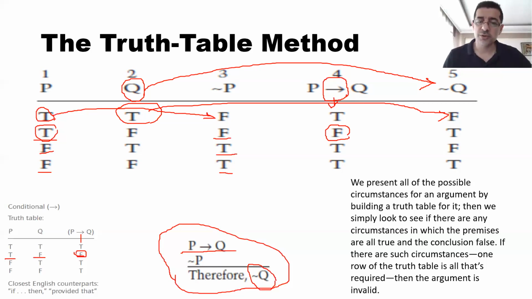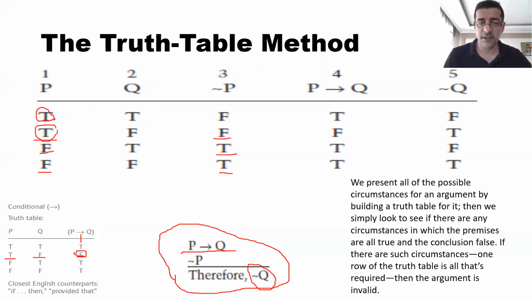Now, when I want to check the truth value, let me again rub off these things that I've drawn here, so you will not be feeling confused when I'm drawing some more lines. So we said that in case we wish to find out whether this argument is invalid or not, we need to, again, I'm reading this, present all of the possible circumstances for an argument by building a truth table.